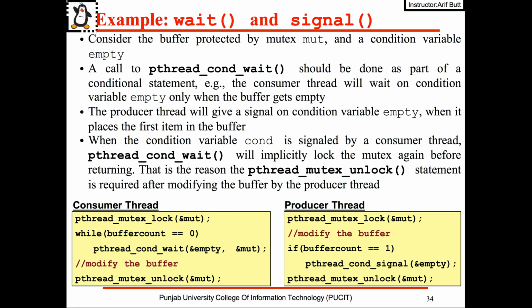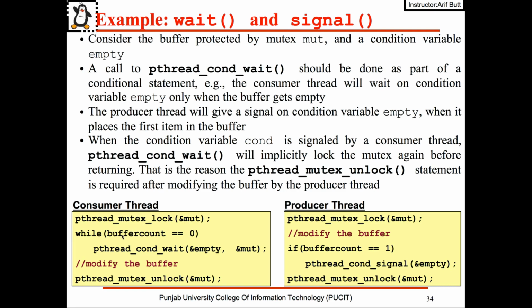Okay, so over here just see the code snippet of the consumer and the producer thread. In the consumer thread, you can see if the buffer count is 0, that means the buffer is empty, the consumer thread must wait.